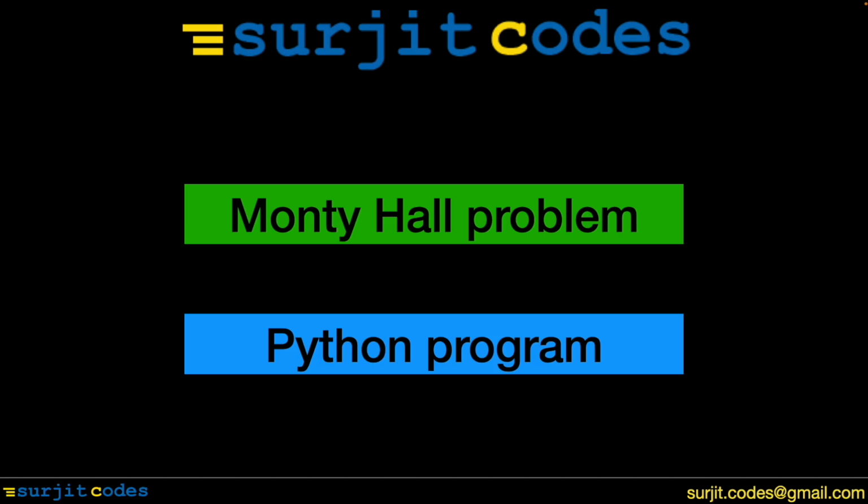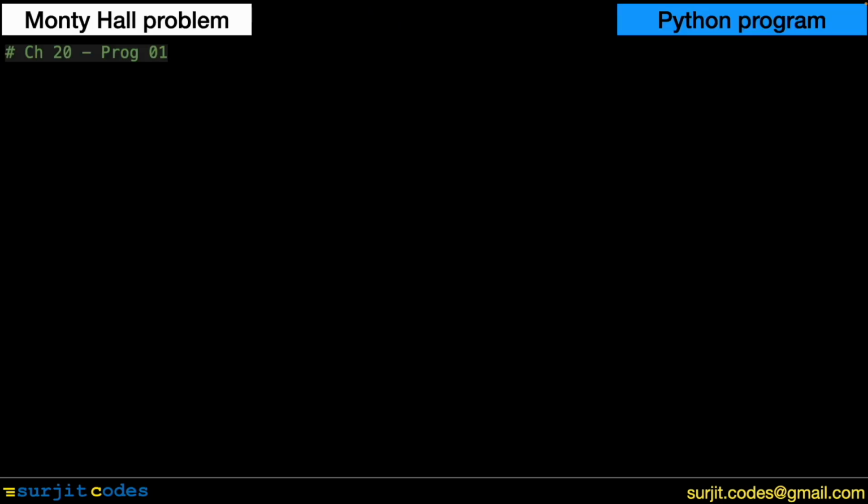Practical way of finding solutions to such problems is to play the game a large number of times, in which the input positions of the car and the goats are selected randomly each time. At the end of all the trial games, we count the percentage of them in which the result is favorable to the hypothesis. This is where Python programming is helpful. Random numbers play an important role in probability experiments.